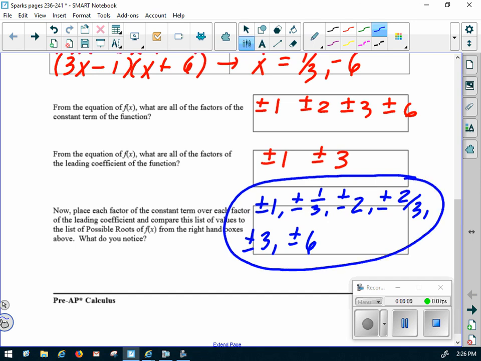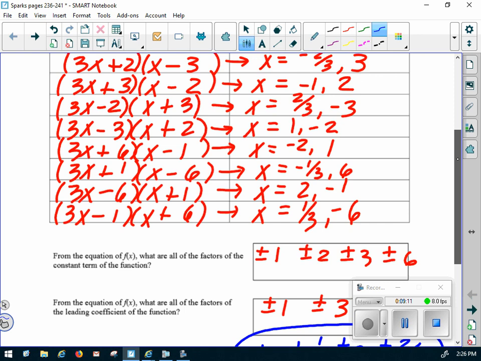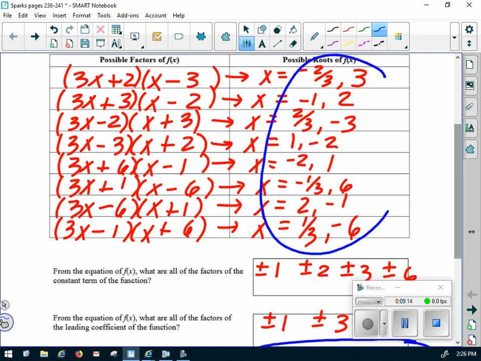We're going to compare this list with these. Ladies and gentlemen, they're the same list.